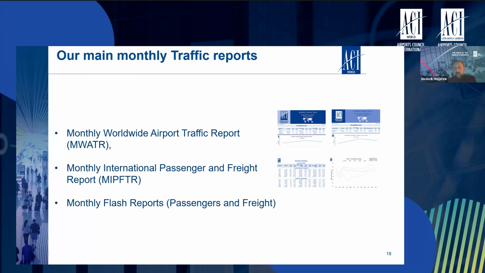While the flash reports are having a little bit lower coverage, sometimes with some estimations in there, but they will allow you to have quicker insights of what's happening on the monthly basis, because the delay after the reference month is about 6, 7, 8 weeks. So it's a bit quicker. Sometimes we're able to produce the figures after 6 or 7 weeks.